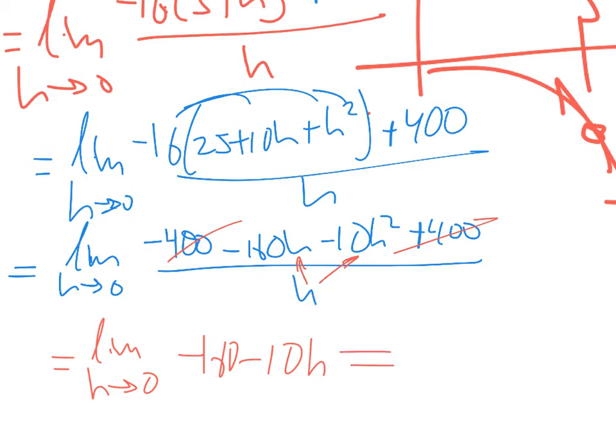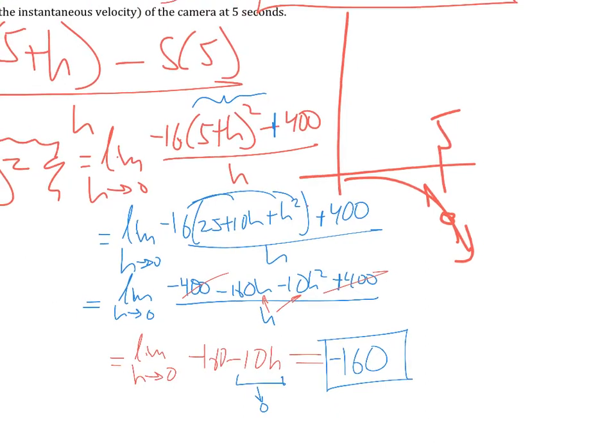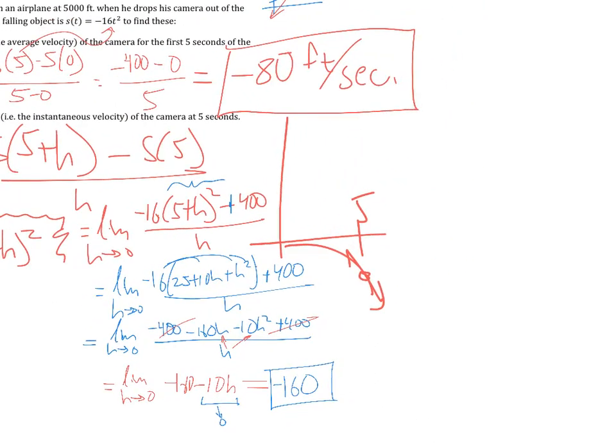Now, what happens as h goes to 0? Well, as h goes to 0, this here is going to 0 because it's 10 times 0. And we're left with negative 160. And there you have it. So we're going to go negative 160 miles per hour, or sorry, feet per second, at that moment.